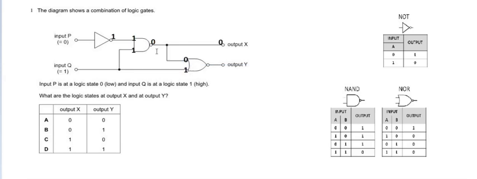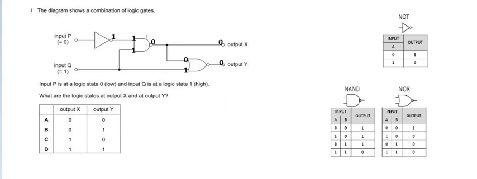One is coming from the output of the NAND gate, and one is coming directly from Q. So what are the inputs for the NOR gate now? It is 0 and 1. And now here you can see the truth table of the NOR gate. The inputs are 0 and 1, and for that the output is 0. So here I will write the output of the NOR gate. It is 0.